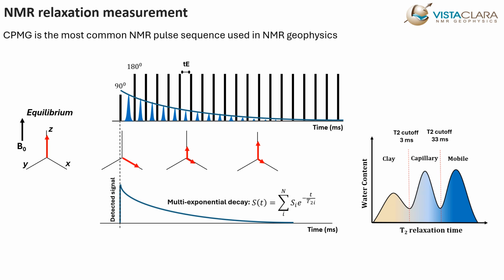That is very useful to differentiate between water in large pores and water in small pores, because the relaxation of water in large pores will have a very long relaxation time, and the relaxation of water in small pores will have a very short relaxation time. So we can use cutoffs to differentiate between different populations of the water.